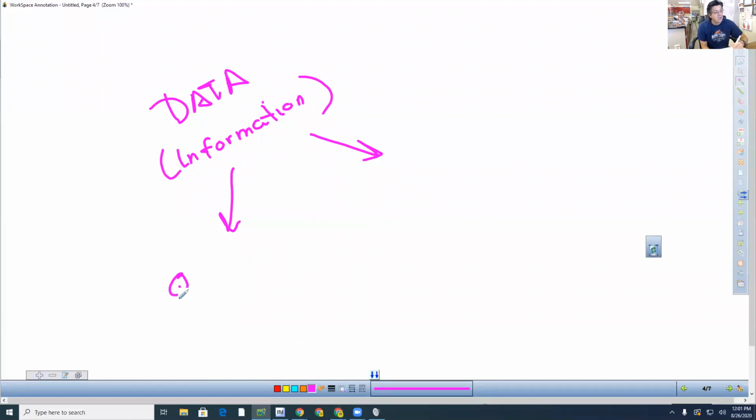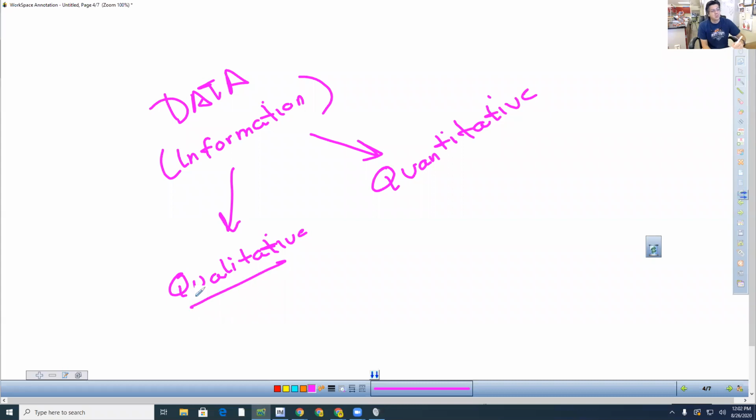So she said qualitative, and quantitative. All right, now notice the difference. Can anybody tell me the difference between the two? Anyone? Okay, Juliana, go for it.